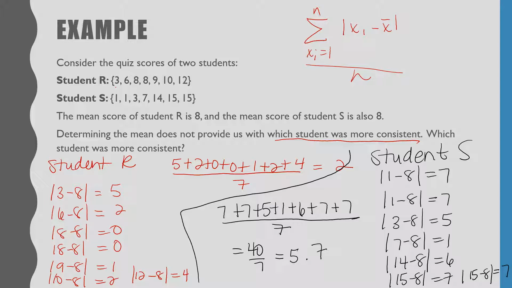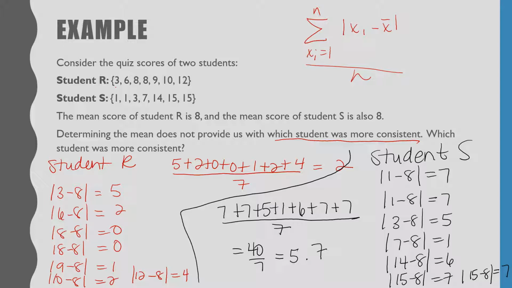Okay, so what this tells me is that for student R, on average, each point is 2 points away from the mean of 8. Okay, so there's not a ton of variation. It's smaller.